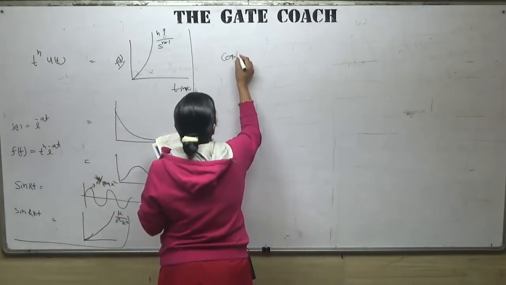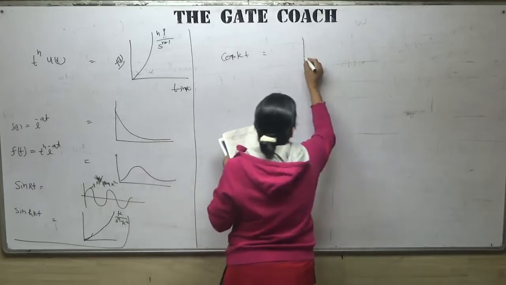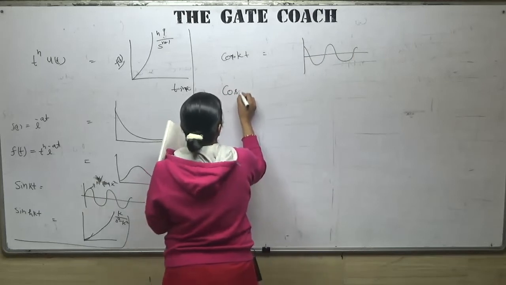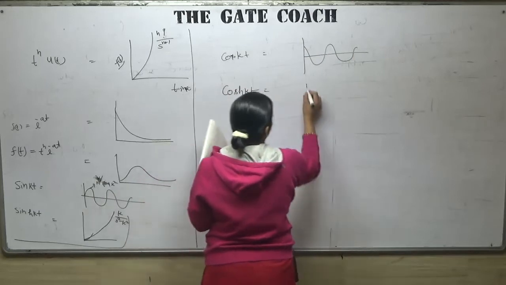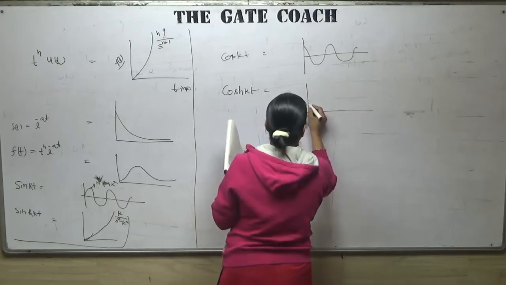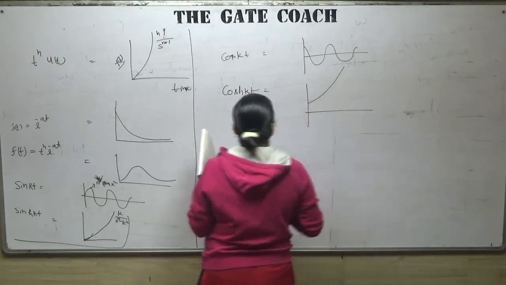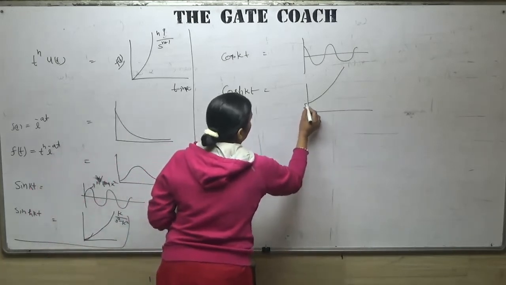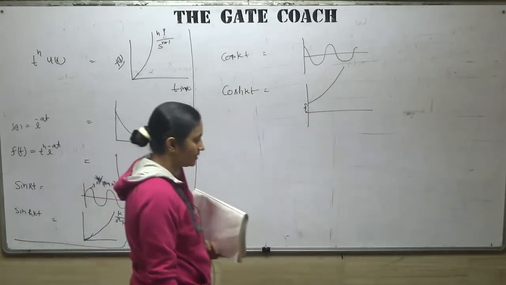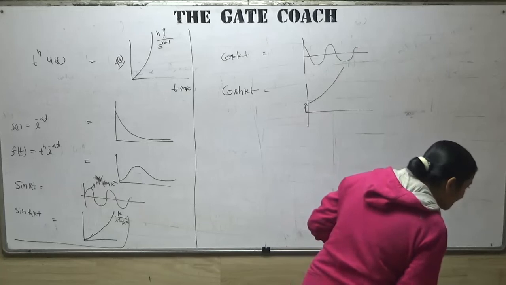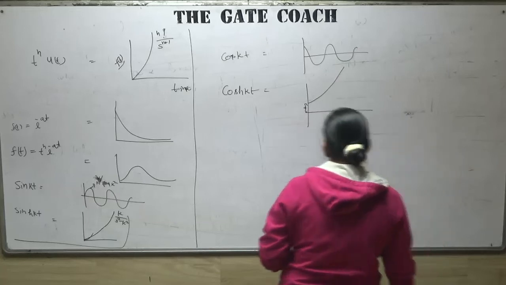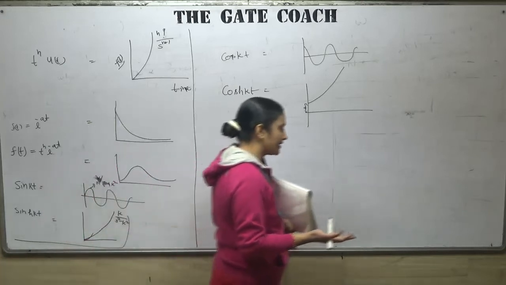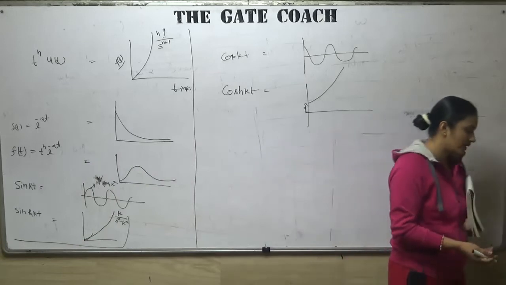We know cos kt. The curve goes like this from here. So its hyperbolic curve will go after a few phase lag from here, similar to cos kt, but with some intercept. You do not need to remember, you just need a rough idea of how the graph goes. Many times they can ask to match the following, so if you have two or three graph ideas, you can match easily.